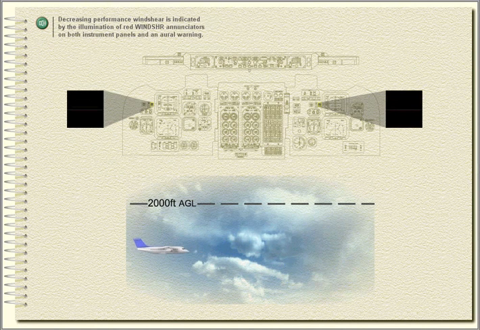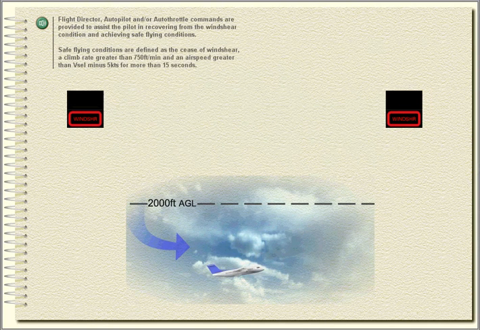Decreasing performance wind shear is indicated by the illumination of red wind shear annunciators on both instrument panels and an aural warning: wind shear, wind shear, wind shear.